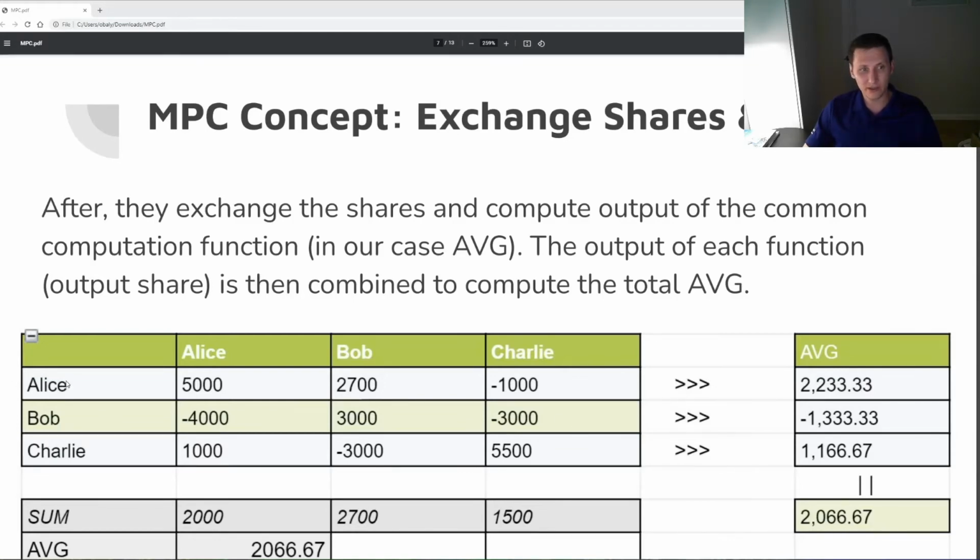But if we look back at the shares that each participant received, there is no way to identify the original value from them. So this is how the algorithm works. It breaks down a value into different shares and distributes those shares to all the participants.